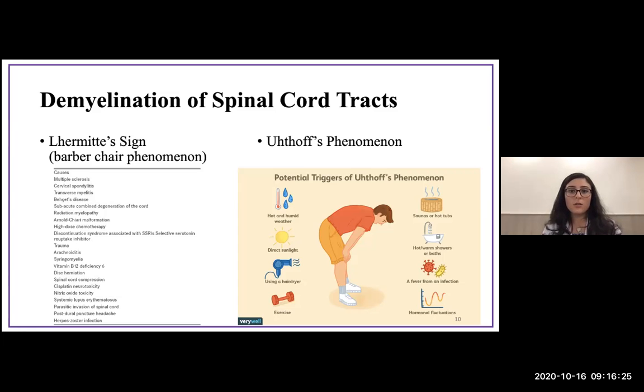And there's Uhthoff's phenomenon, which is characterized by reversible exacerbation of whatever symptoms the patient has, with anything that involves heat: hot or humid weather, sunlight, hair dryers, exercise, hot tubs, hot baths, and infections and hormonal fluctuations.